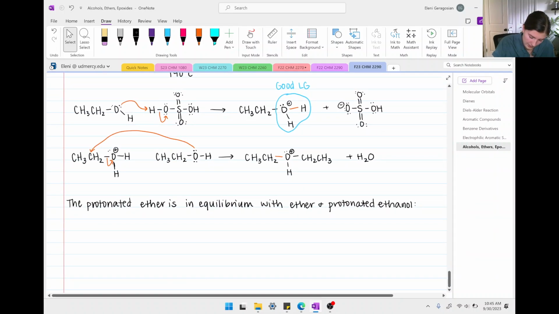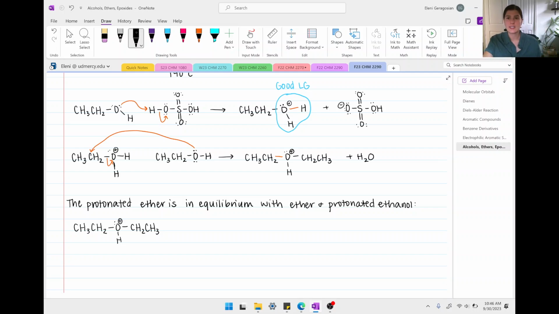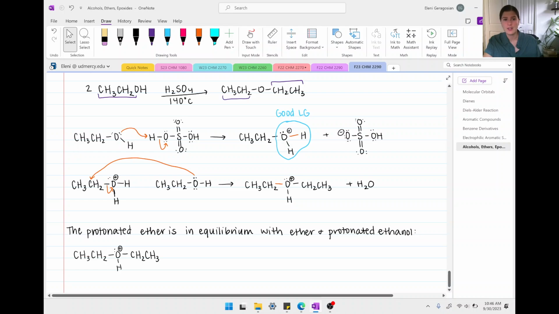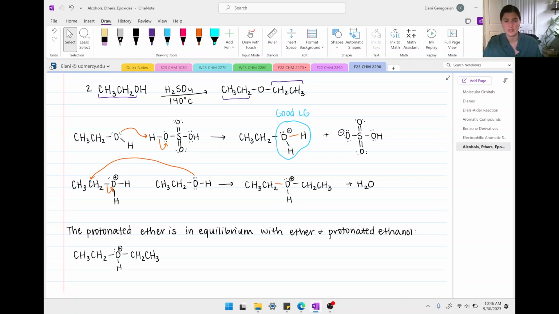So if we have our protonated ether, I'm just going to copy down the structure: CH3, CH2, O, with a positive charge on oxygen with one lone pair and an H, and then CH2, CH3. Now since we're carrying the reaction out in an alcohol, you can imagine a beaker of ethanol adding some sulfuric acid to it, and this reaction can take place.